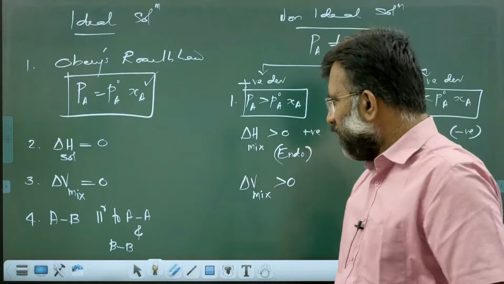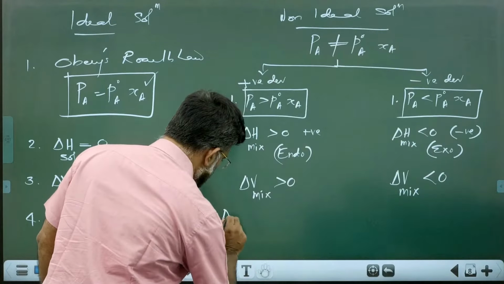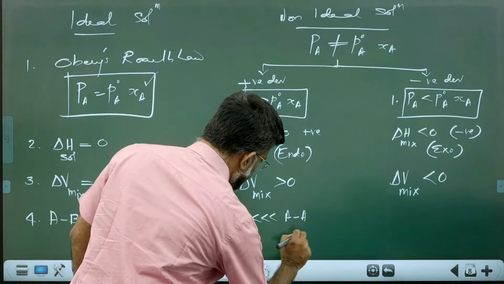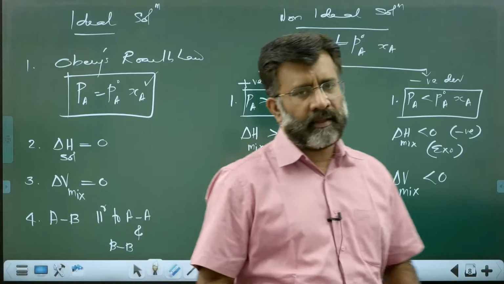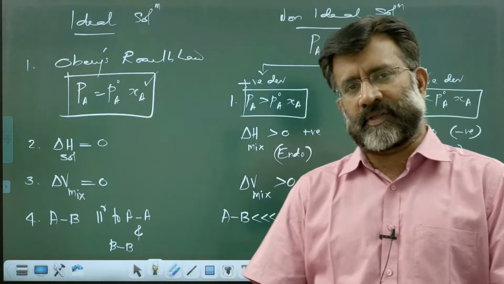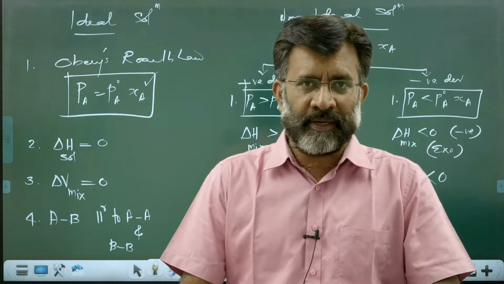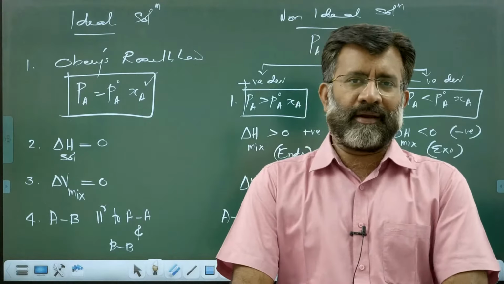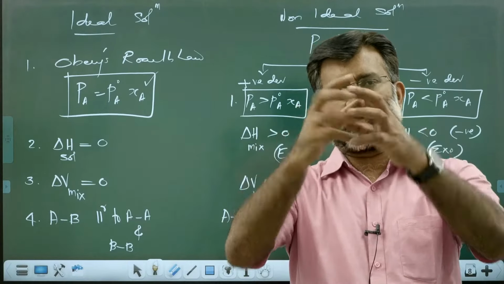Right? What about non-ideal positive deviation? It is found that AB interaction is much less than AA and BB interaction. That means after mixing, the molecular interaction decreases. Before mixing, molecules were very close.